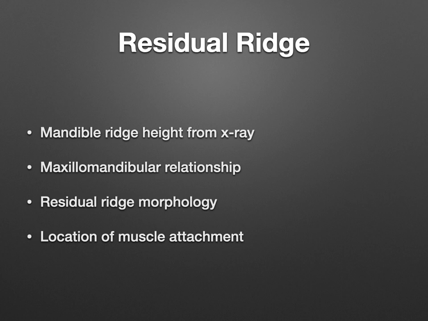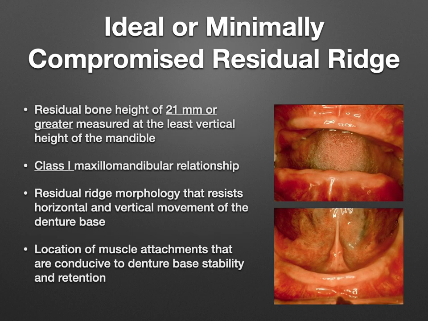First, we have to get the mandible ridge height from the x-ray. We also want to know the maxillomandibular relationship and what the residual ridge morphology looks like. And the last is where the muscle and frenum attachment locations are. Do they affect the prognosis of a restoration?